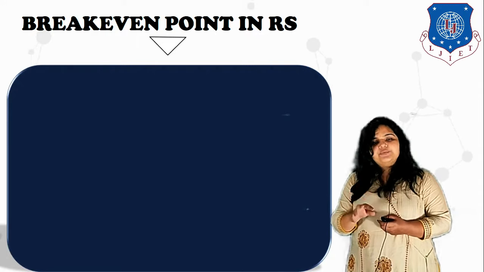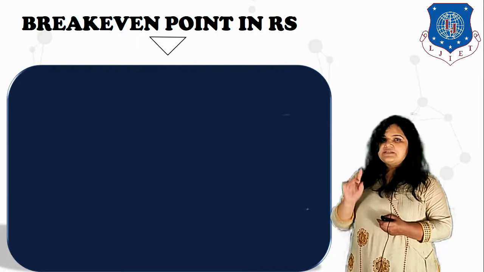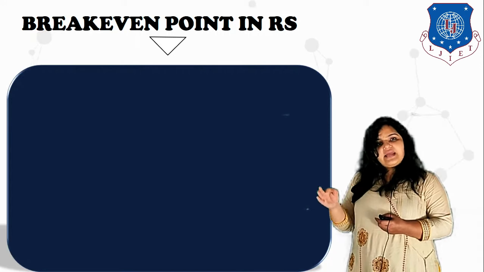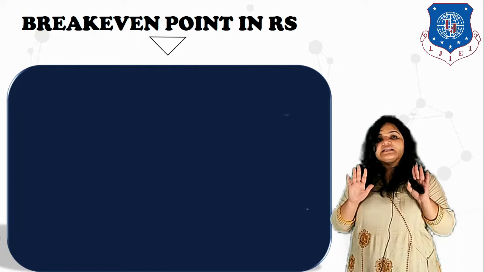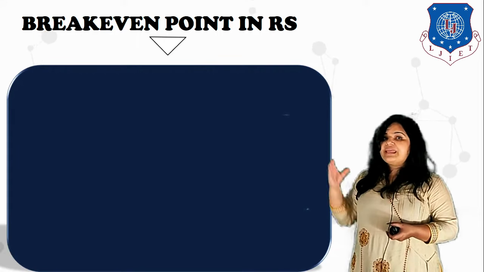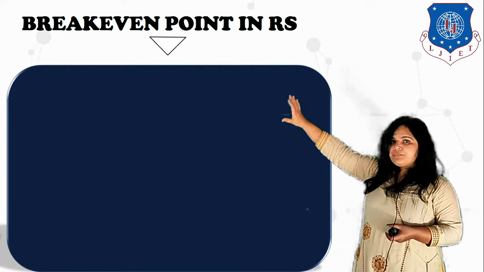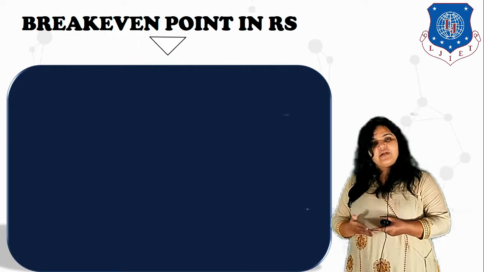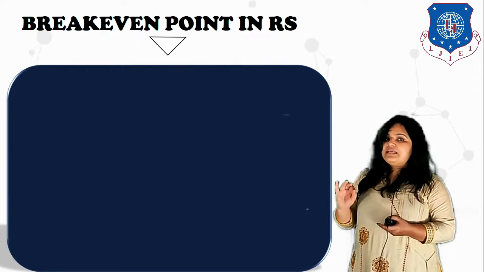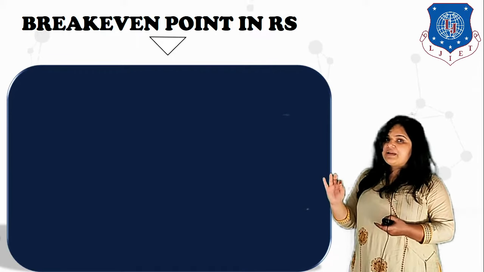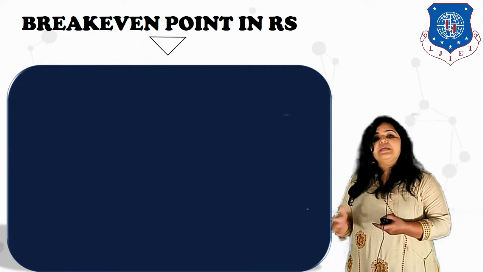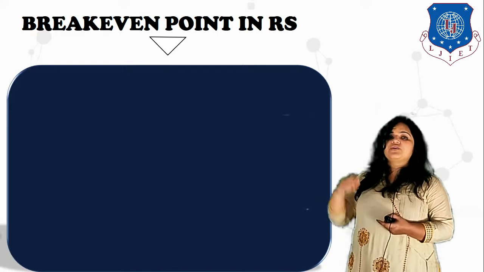If I tell you that when I sell 2 pencils, break-even occurs, and the selling price of each pencil is 10 rupees, what will be the break-even point in rupees? You will just multiply these two quantities. I will multiply 2 pencils multiplied by its selling price, which is 10. I easily get that 20 rupees is the break-even point in terms of rupees.